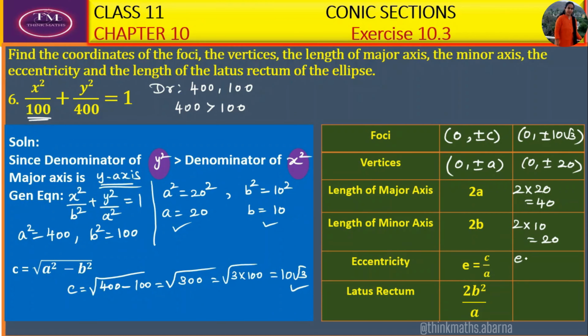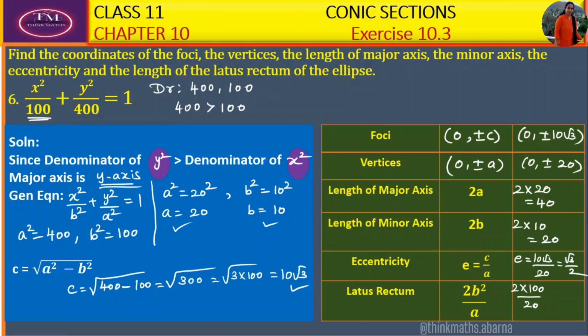Next, eccentricity. E is equal to c by a. What is c? c is 10 root 3 and a is 20. 10 by 20 is 1 by 2. So it is root 3 by 2. Next, 2b square by a is the latus rectum. So it is 2 into b square, which is 100, and a is 20.